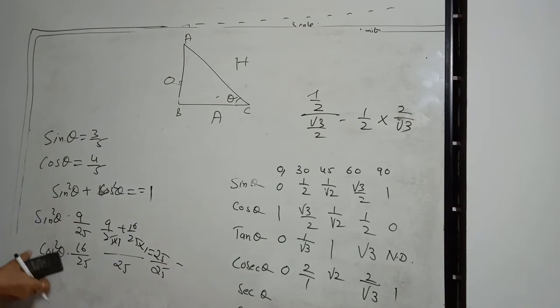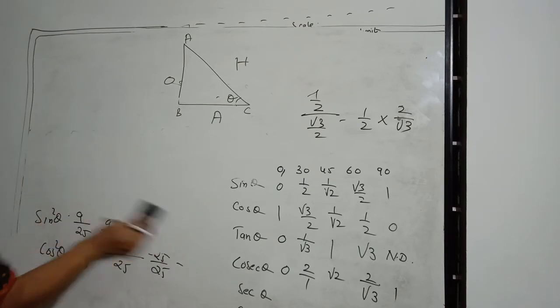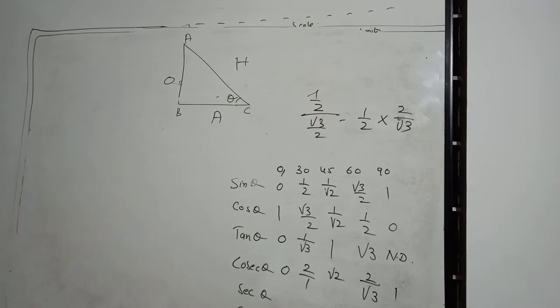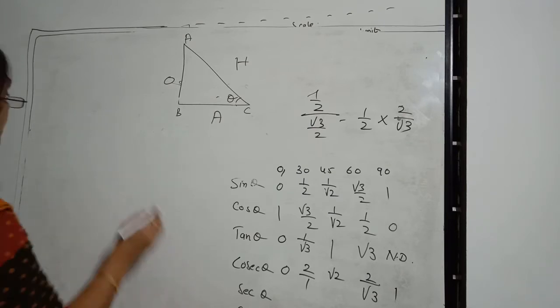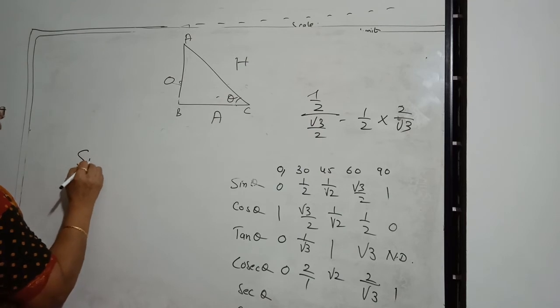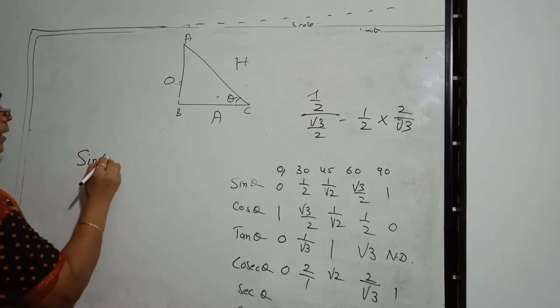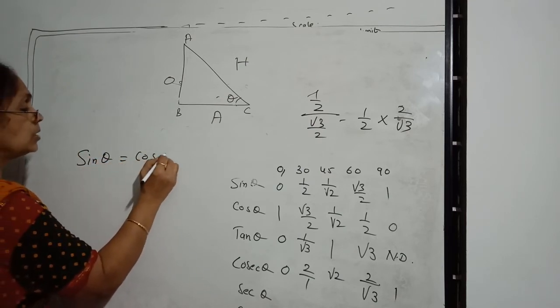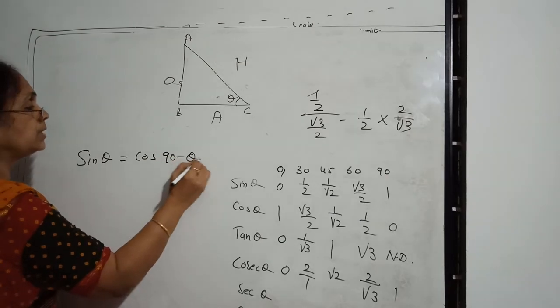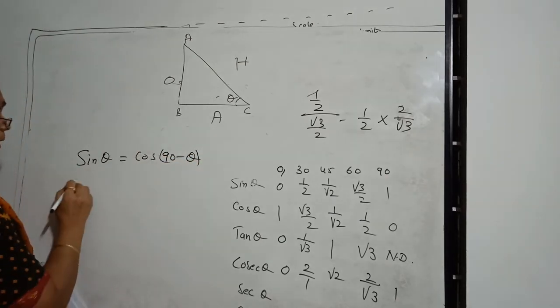Now, complementary angles. What are the ratios which go with the complementary angle? The complementary of sin theta will be cos of 90 minus theta. This means sin and cos go together.